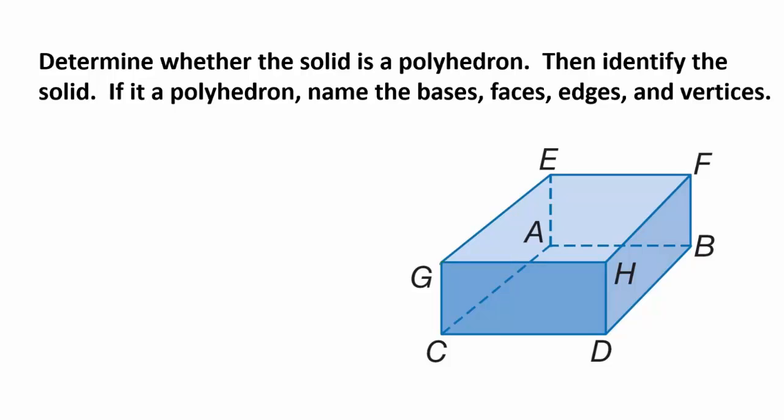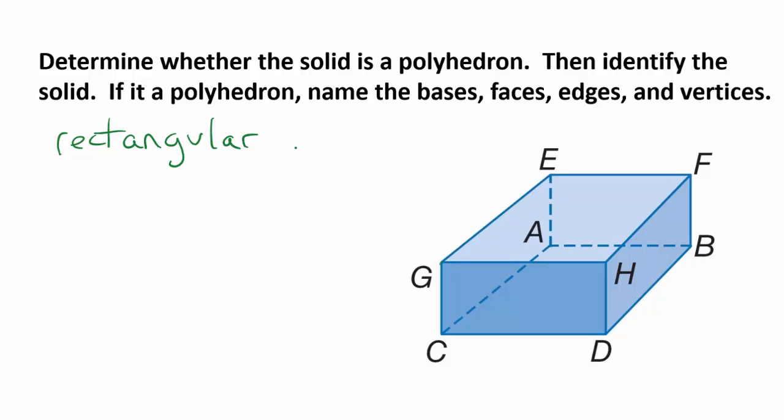Let's determine whether the solid is a polyhedron. Then we need to identify the solid. If it is a polyhedron, let's name the bases, faces, edges, and vertices. So we're going to start with naming it, and it is a polyhedron, and specifically it's going to be a rectangular prism.